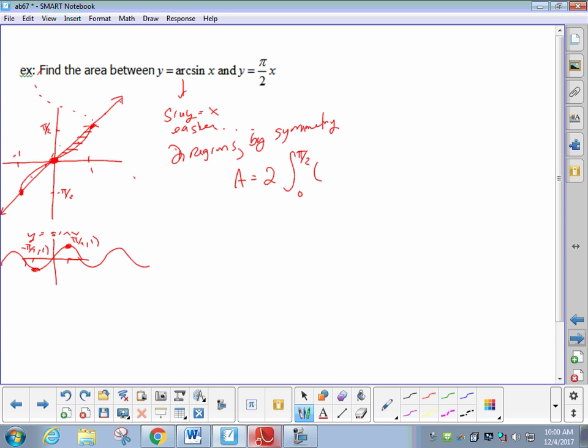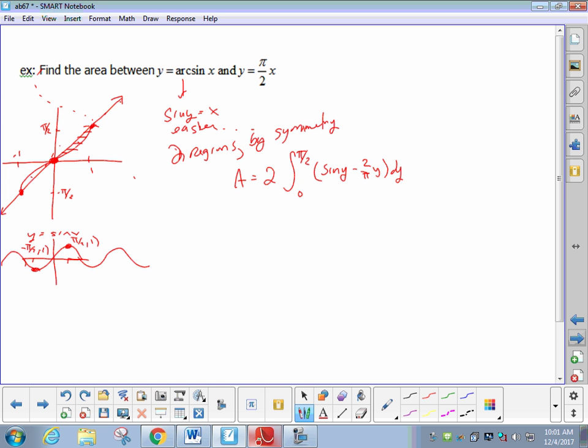Remember, we're trying to get this in y terms. I don't want to do line minus arc sine and integrate that. I want to use y so I can use sine instead of arc sine. So I'm going right minus left. What's right in y terms? Sine y. What's left in y terms? 2 over pi y.